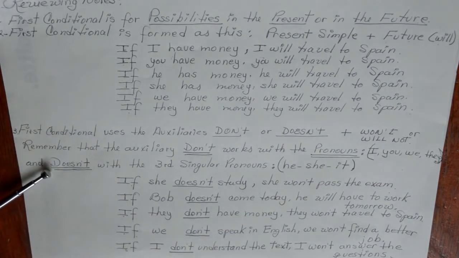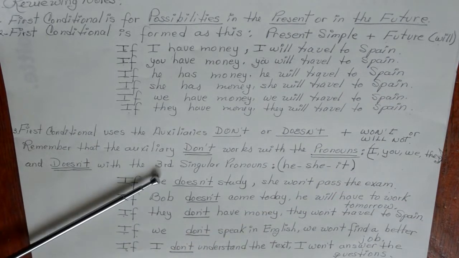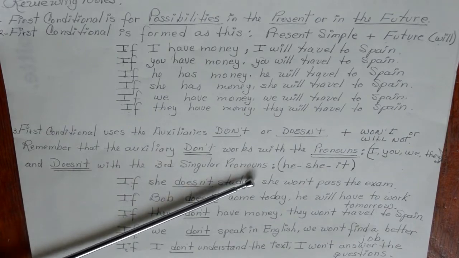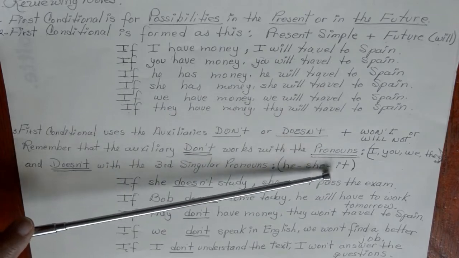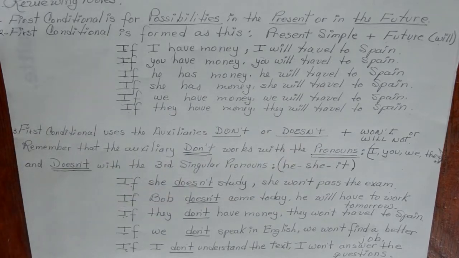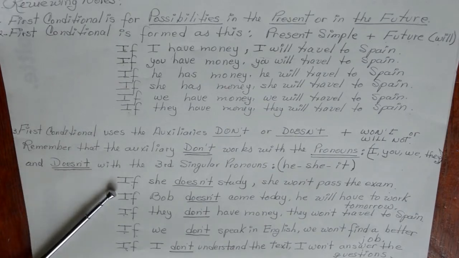Meanwhile, doesn't goes with the third singular persons, which are he, she, it. Let's see here the way they work. If she doesn't study, she won't pass the exam.